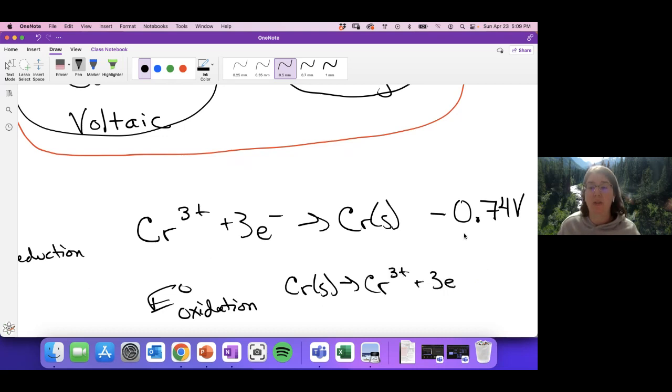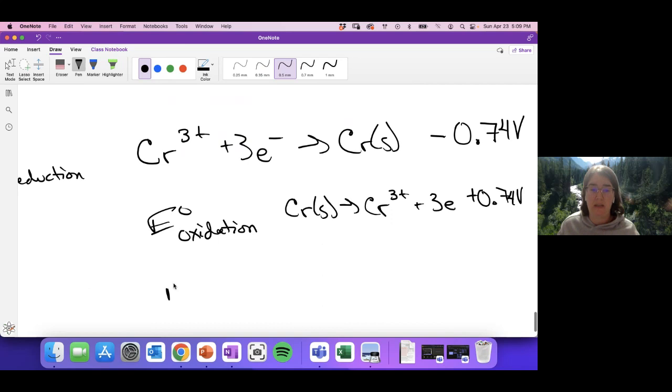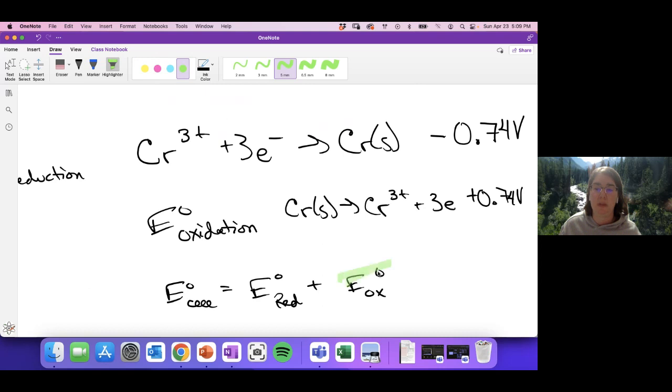In that case, I'm asking for the sign to flip. And this is the reason why you can also find E cell standard being the reduction potential plus the oxidation potential. But if it's asking for oxidation potential, that means you have to write things as an oxidation reaction, which will involve flipping the sign, since the table that we give you is a standard reduction table.